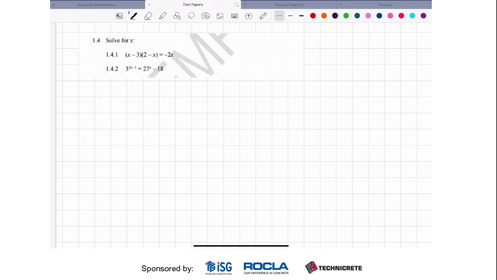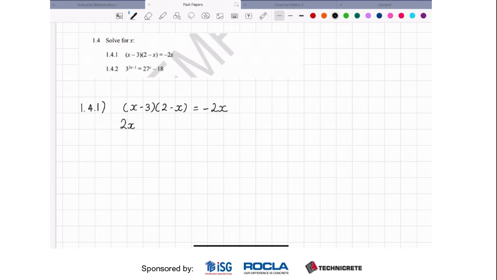Then for 1.4, we're asked to solve for x. So for 1.4.1, we're given x minus 3 times 2 minus x is equal to negative 2x. So the first thing I'm going to do is multiply out these two brackets on the left-hand side, so I can just do that by FOIL.